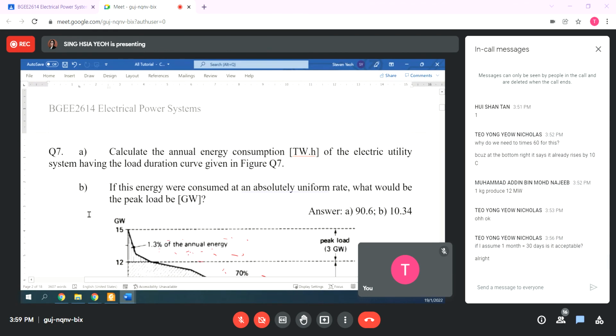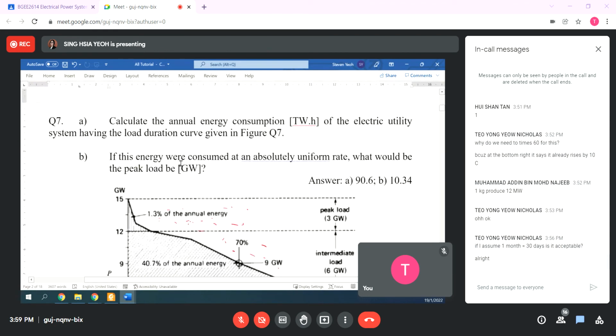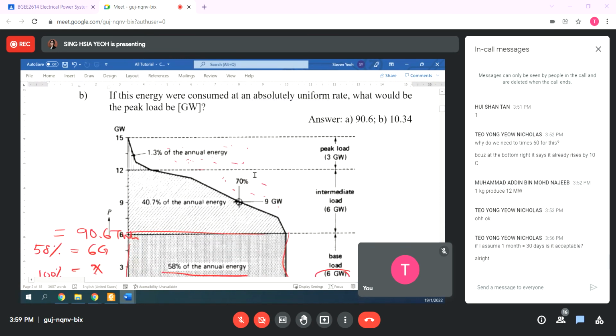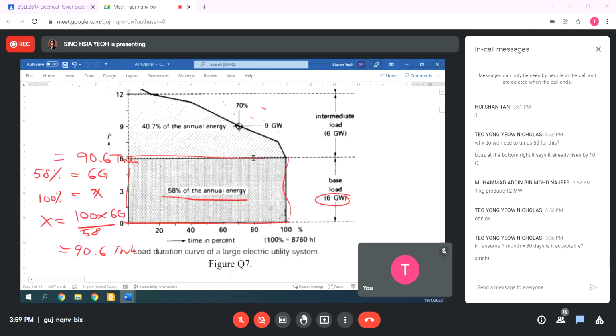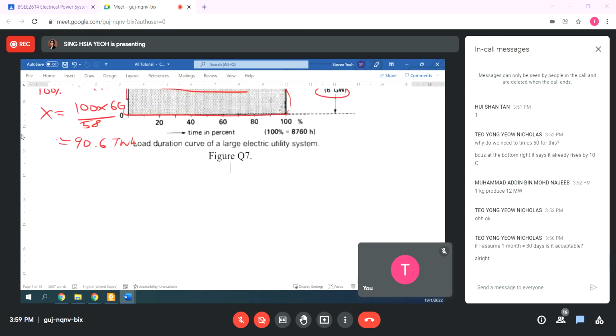Then part B. If this energy were consumed at an absolutely uniform rate, what would be the peak load? Okay, what does it mean? So it means this 90.6 is now like this shape, right? But now they say uniform rate means I don't want the top, I want all same.